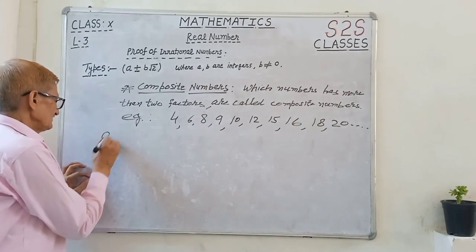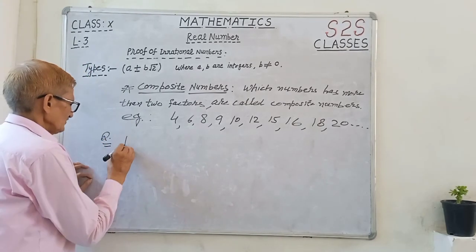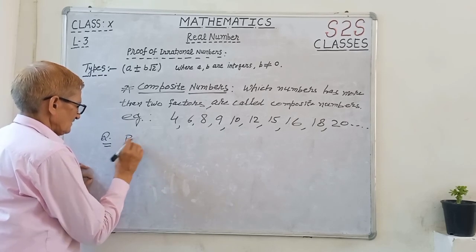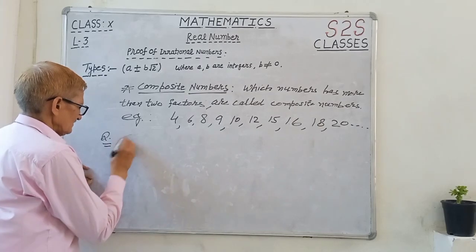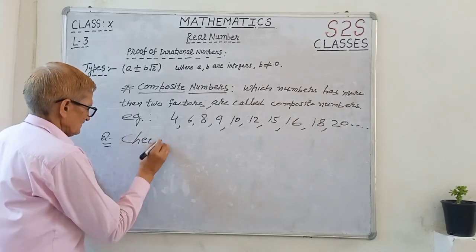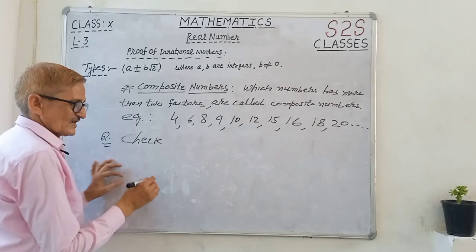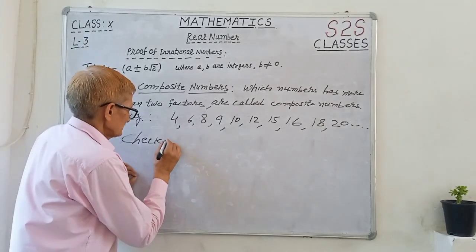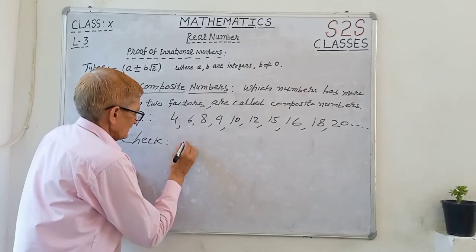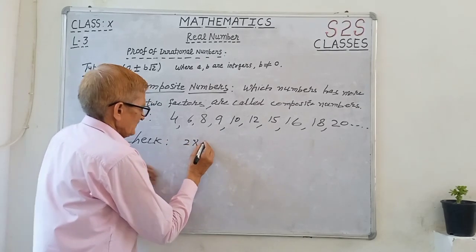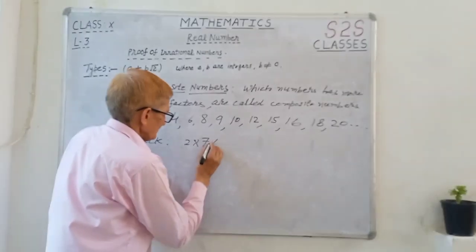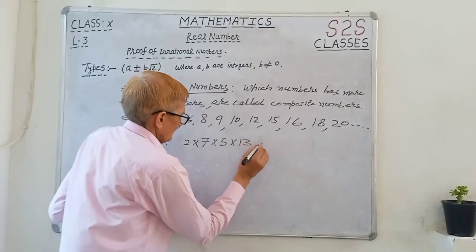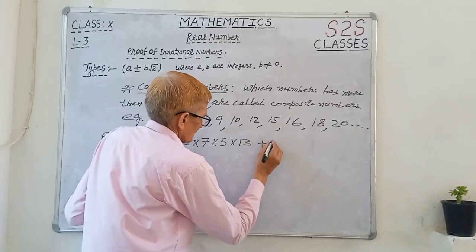So now the question: check the number 2 into 7 into 5 into 13 plus 13.